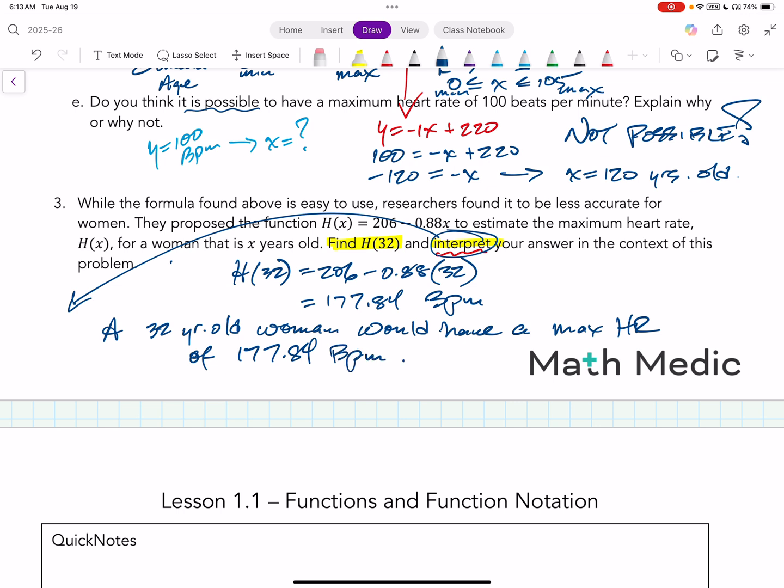That's the interpretation. So you evaluate first and then explain afterwards. And remember, even on the AP exam, on the FRQ, you have to interpret and explain your results.